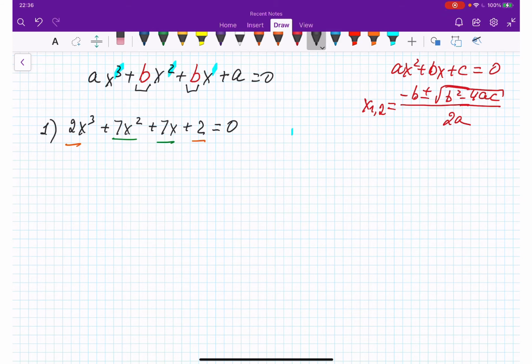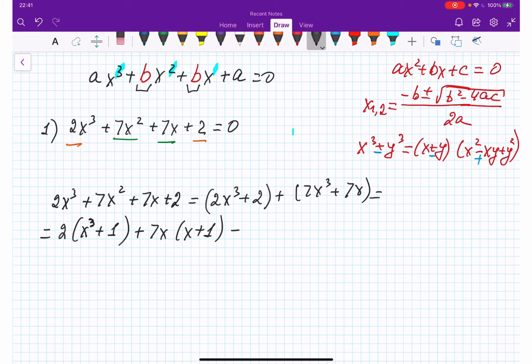So this is equal to 2(x³ + 1) + 7x(x + 1). Using the sum of cubes, x³ + 1 = (x + 1)(x² − x + 1), where my x is x and my y is 1; 1 cubed I can represent here because it's still 1.